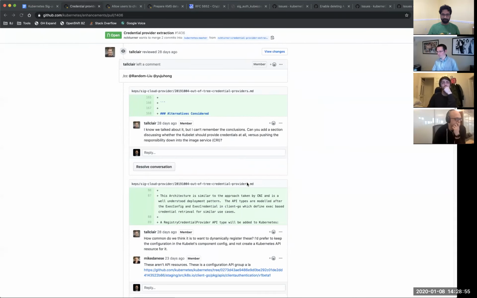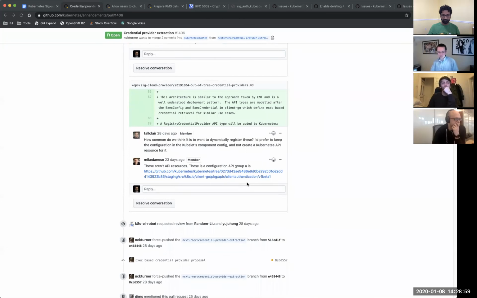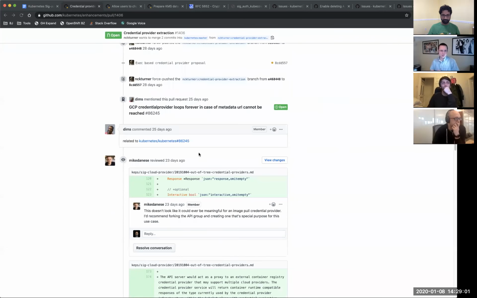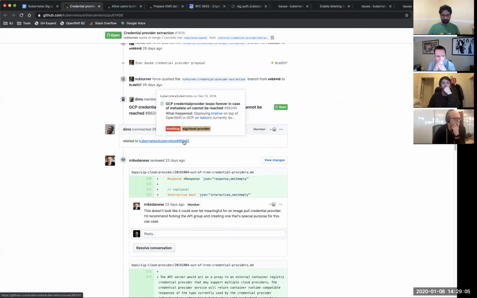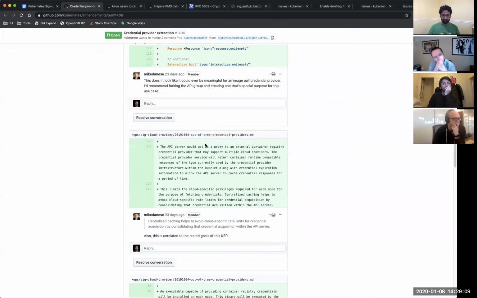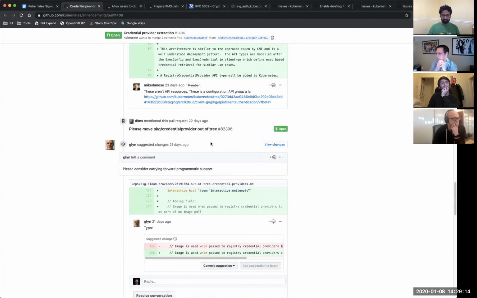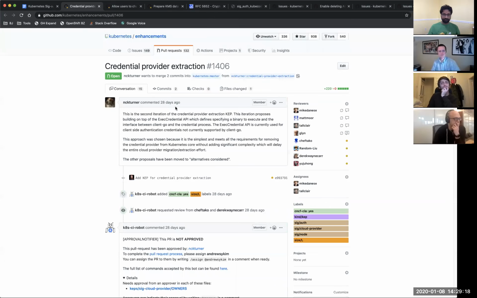Basically, it proposes a config API group, similar to the exec auth plugin API group, that will be used to feed registry credentials to the kubelet to pass down to CRI to pull images.